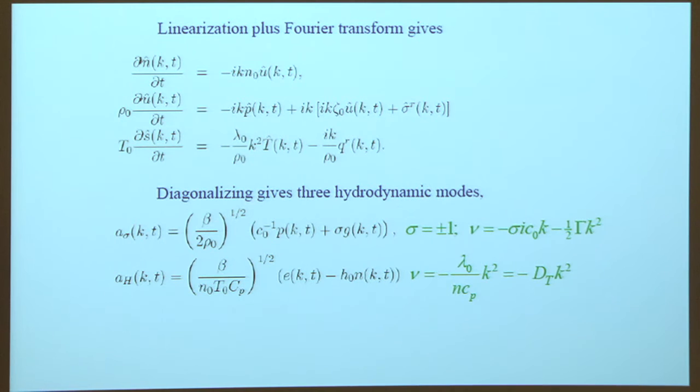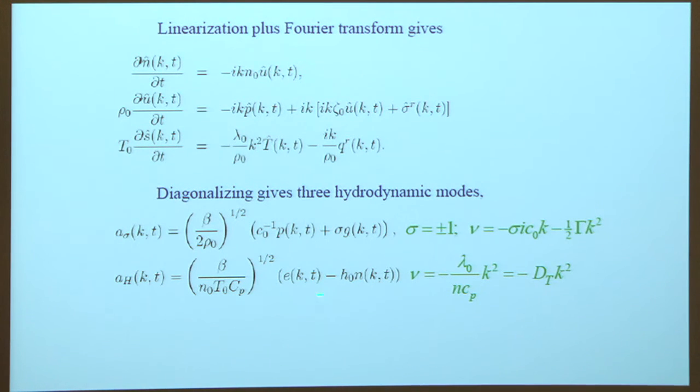And if you do that, you get three hydrodynamic modes, discussed at length by Herbert in his talks: two sound modes of opposite direction, and a heat mode which describes the heat transport and the decay of oscillating heat disturbances of your system.